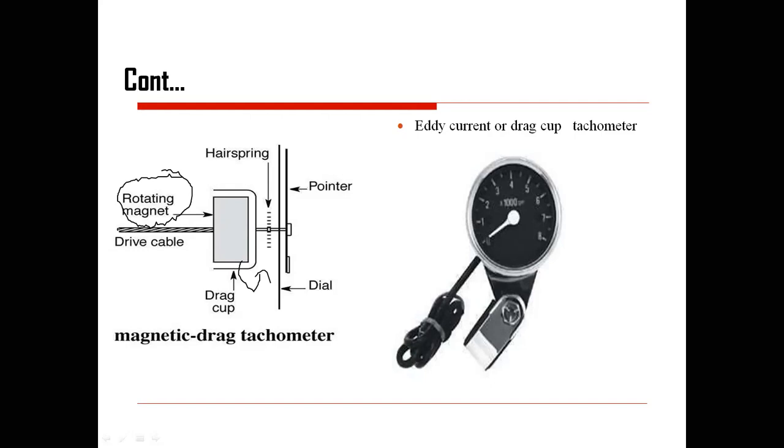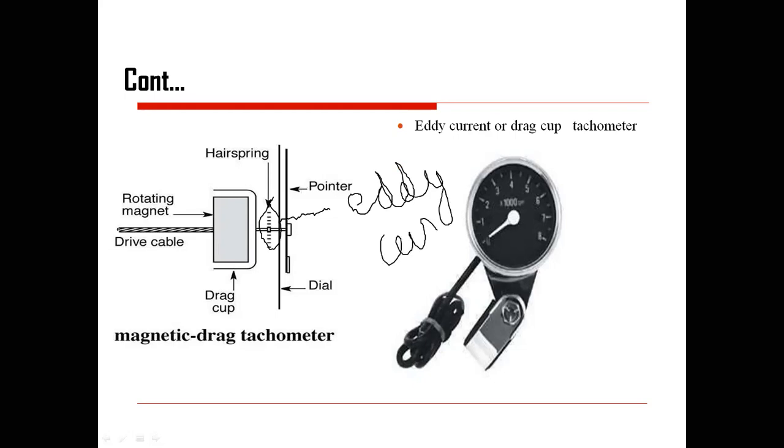The eddy current generated is based upon the rotation of the magnetic field. Automatically, when the rotations increase, the eddy current generated will be more in number, and the spring, which is going to exert a pressure, will totally depend upon the eddy current generated.